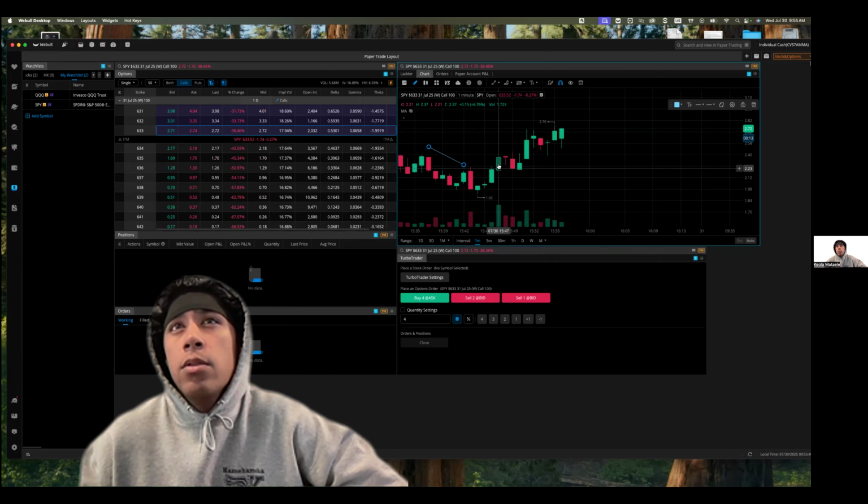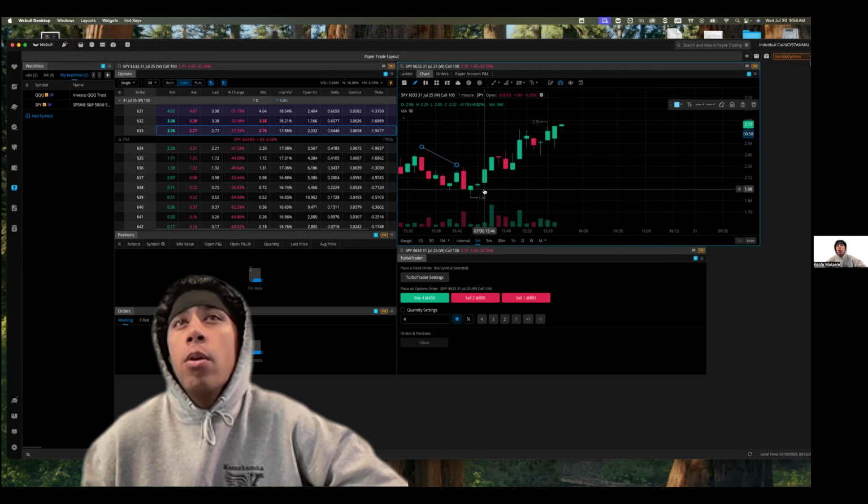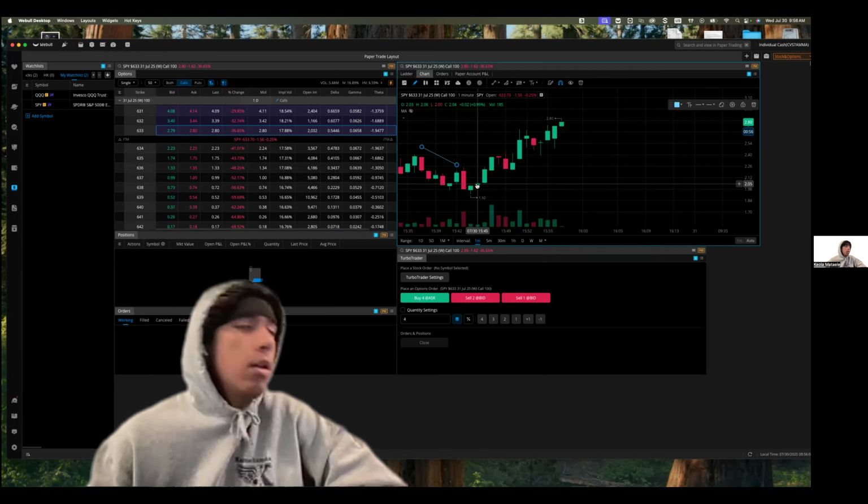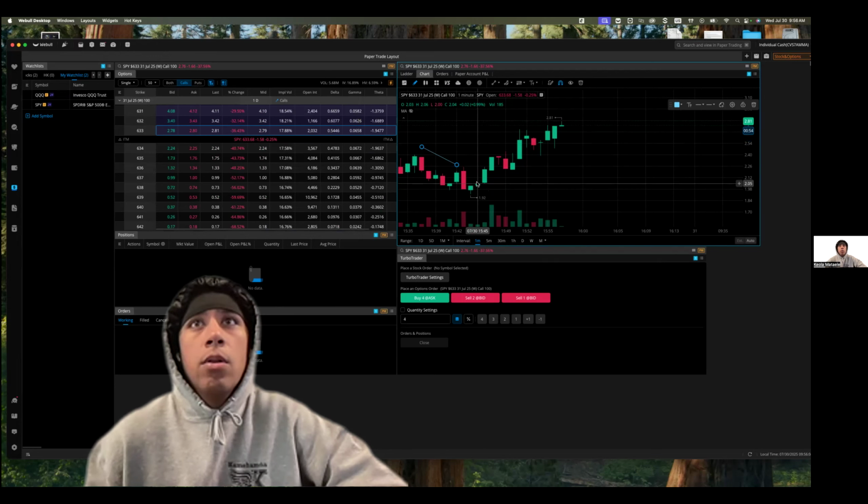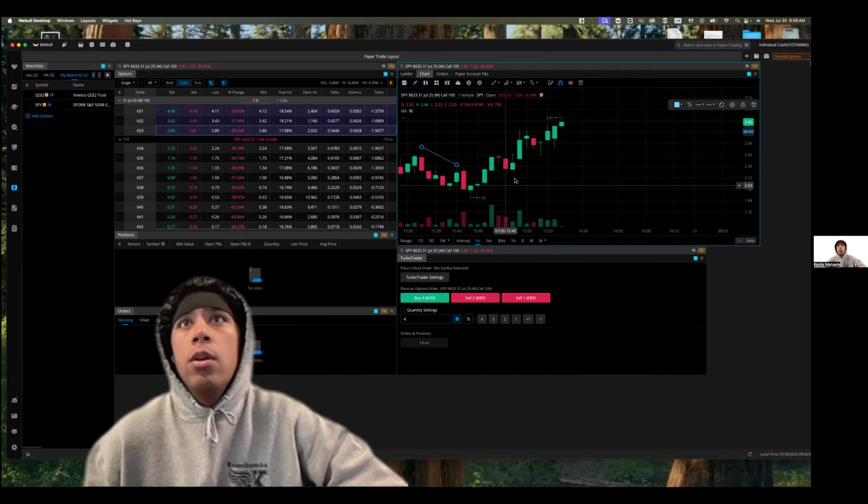One could argue that this is almost a three, they call it three soldiers, which is basically just three positive candles. But I think this one is too small to be considered a strong candle.